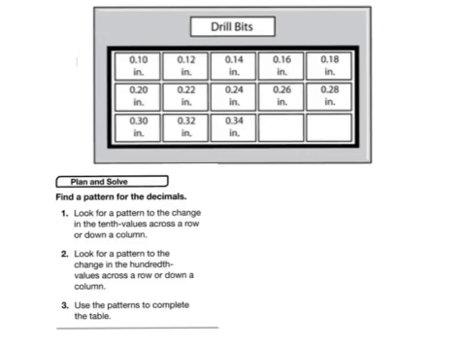Okay, so now in order to solve this problem, I follow the steps under the plan and solve. Number 1 says to look for a pattern to the change in the tenth values across a row or down a column. So if I'm looking across a row, as I am doing here, I am noticing that the tenth values are not increasing across a row.